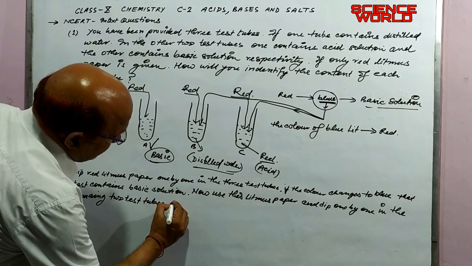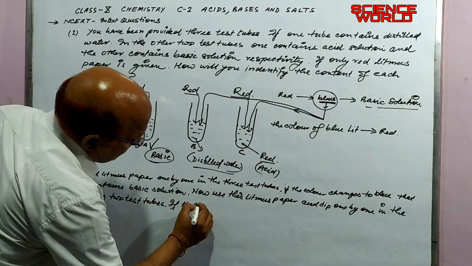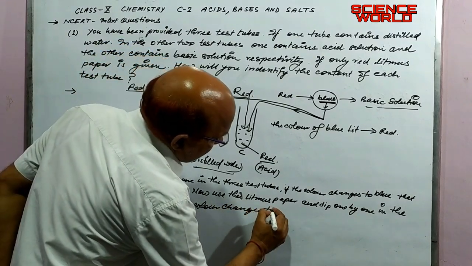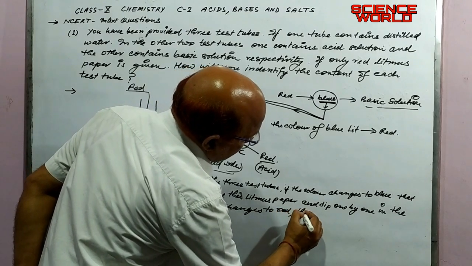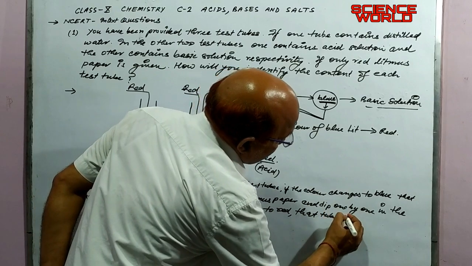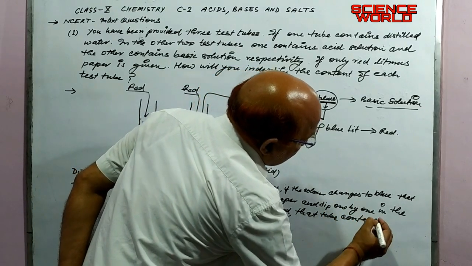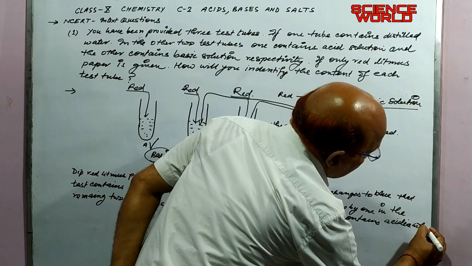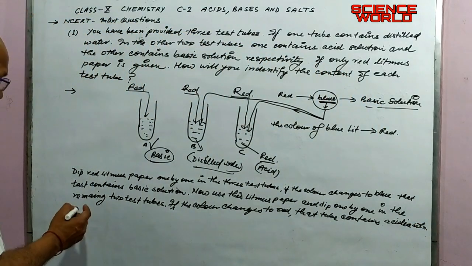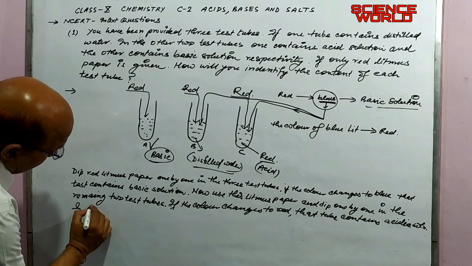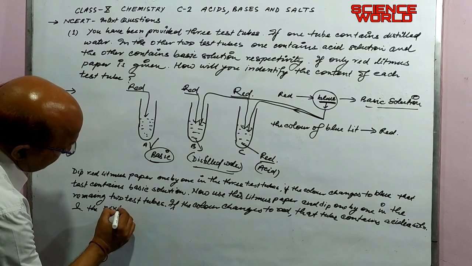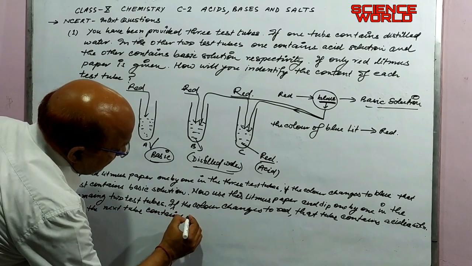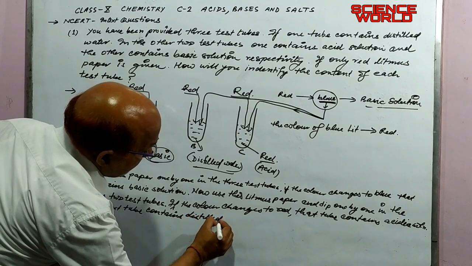Okay. If the color changes to red, that test tube contains acidic solution and the next test tube contains distilled water.